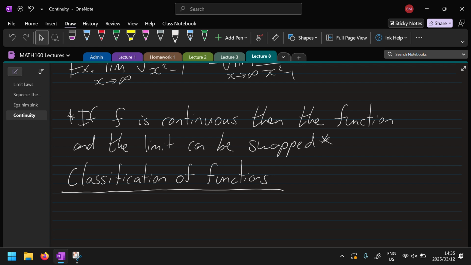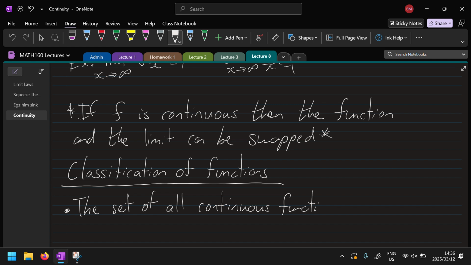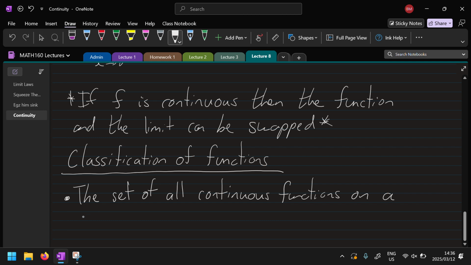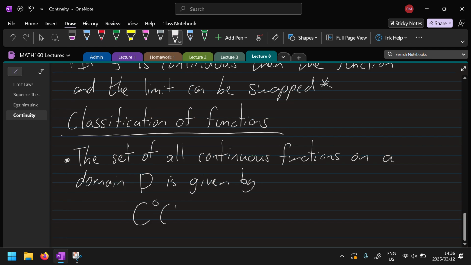Firstly, the set of all continuous functions on a domain D is given by C0 of D.